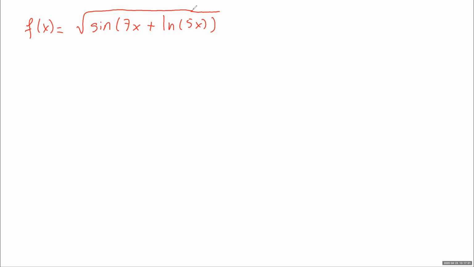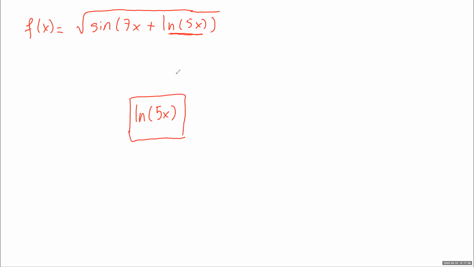Okay. So if I want to use boxes, that means I need to identify my nested functions. So the most inner function that I would have is maybe natural log of 5x. So I assign natural log of 5x to a box. Put it in a box.